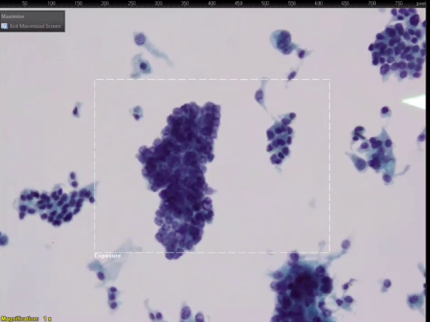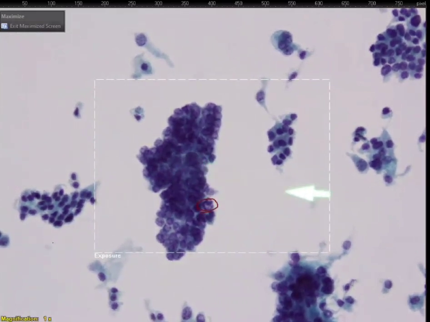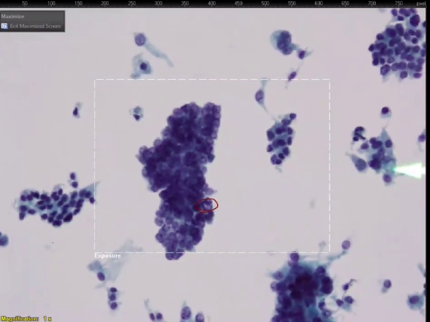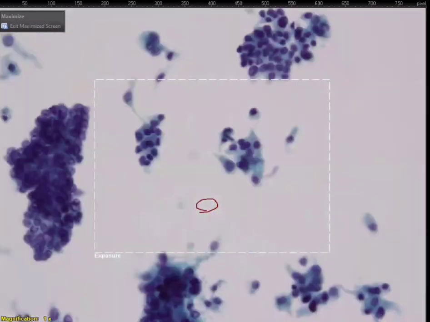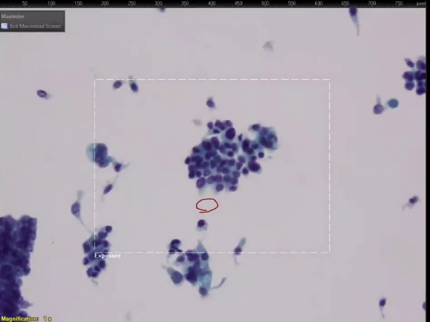Where's the inclusion, you guys? In the same group? Here, three o'clock. Lower, down here? Yeah, inclusion. There's a good one here. Look. Maybe somewhere else too.